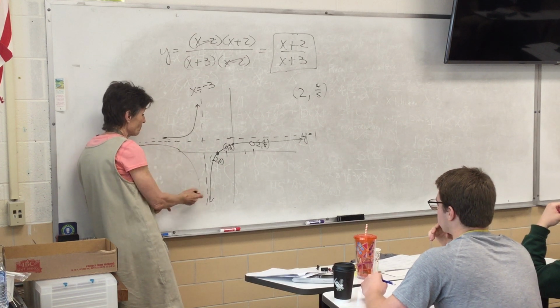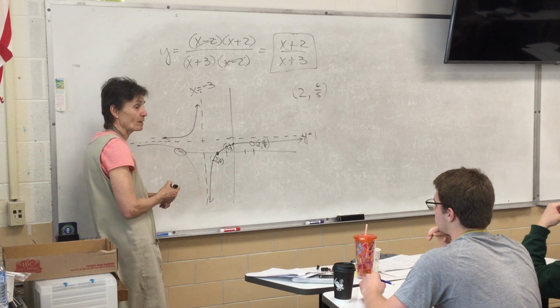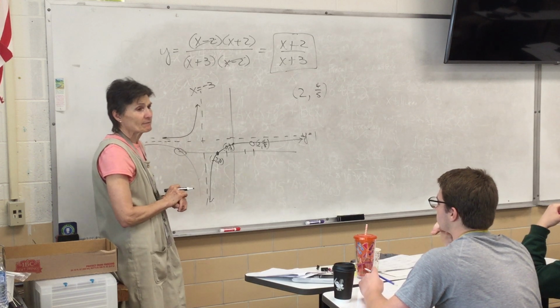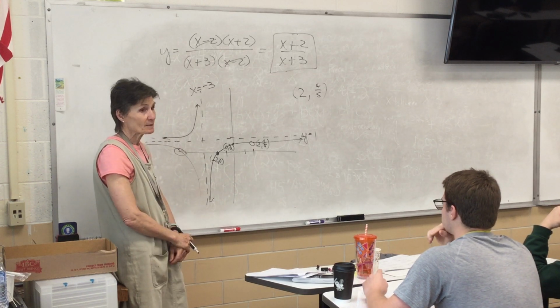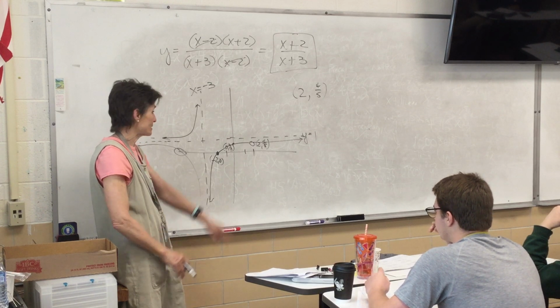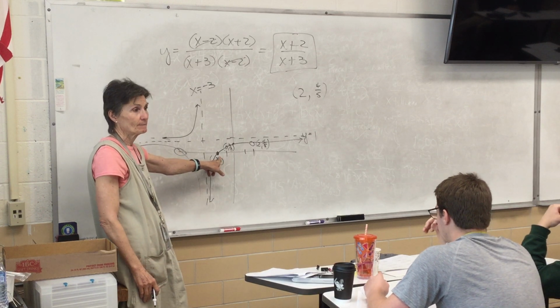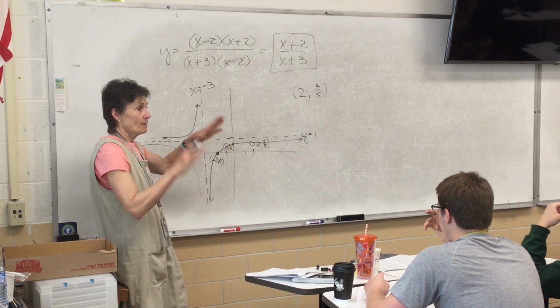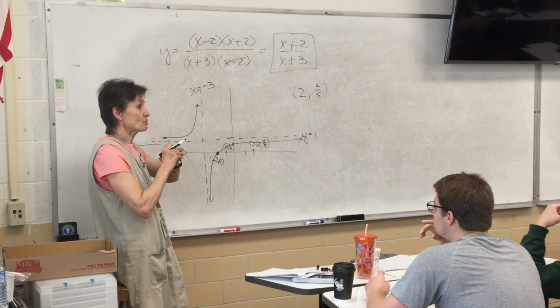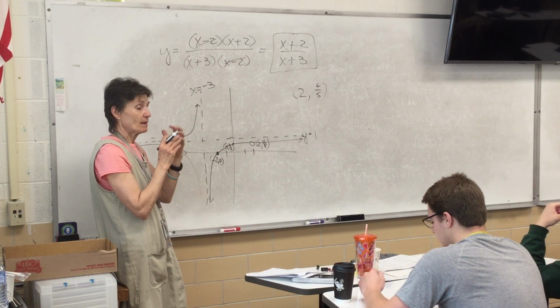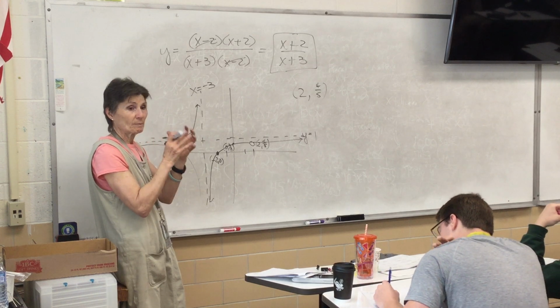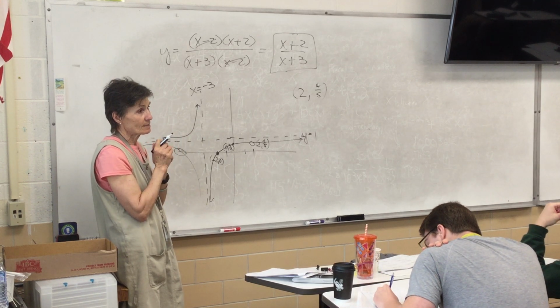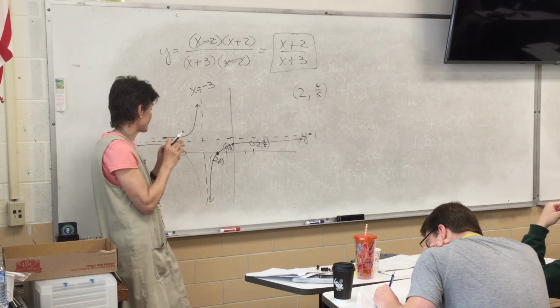If I approached it from the bottom, I'd have to have another x-intercept, and I don't have one. This is the only x-intercept I have. That's why I like you to plot the intercepts first, because those are the only places that you can cross the axes.